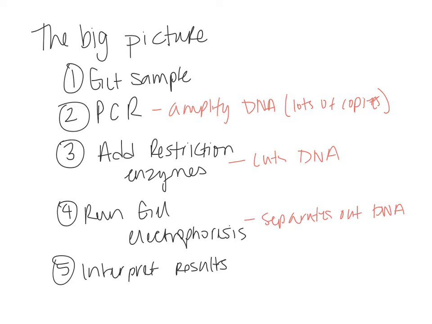So you have to think in the real world when we do this, we trust that all of this is happening, but for getting our sample and PCR and adding the enzymes, we can't see anything. We just hope it's going on. It just looks like a little vial of liquid. But when we run our gel electrophoresis, it's going to separate out those DNA fragments based on 2 factors. We'll get to that. And then finally, we interpret the results and we see who the DNA belongs to.